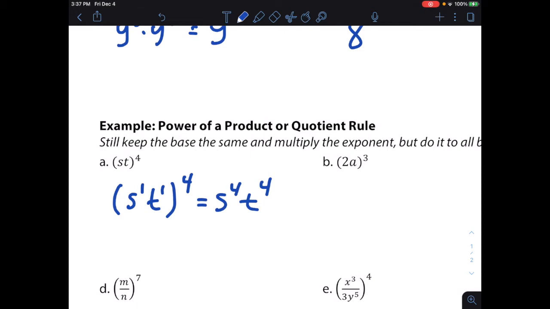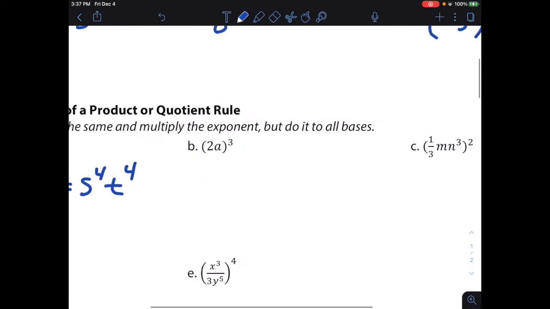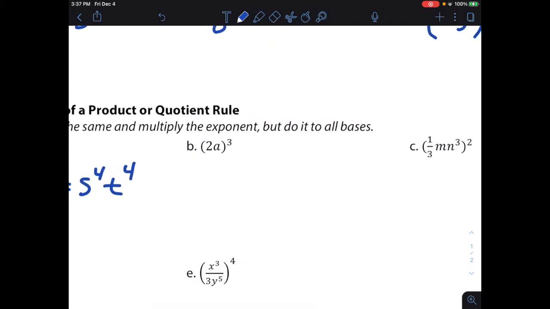Okay, so anytime we have multiple bases within a parentheses, apply the exponent on the outside to everything that's on the inside, basically. Okay, so in this case, we have a variable and a coefficient. And when we have a variable and a coefficient, again, we can rewrite this. That too actually has an exponent on it that a lot of people don't realize is there, but there is a 1 there. And there is a 1 there.